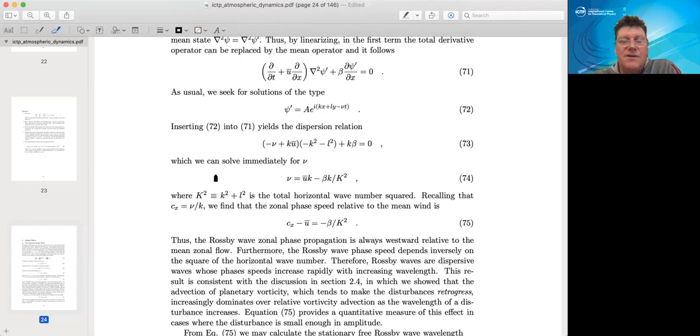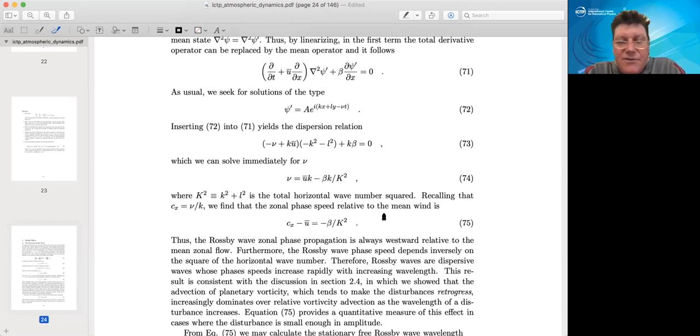Now, it's useful to consider the wave speed in x direction. So if we divide this by k, nu divided by the wave number in x direction gives us the definition of the phase speed in zonal direction. And we look at this relative to the mean flow, then we get this expression here, minus beta over K square.